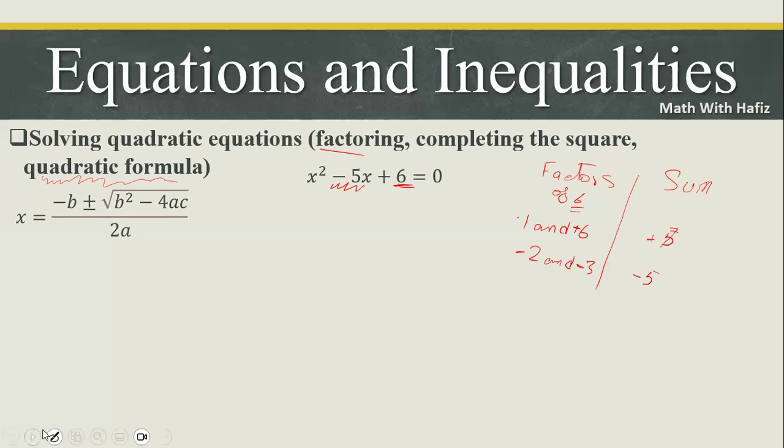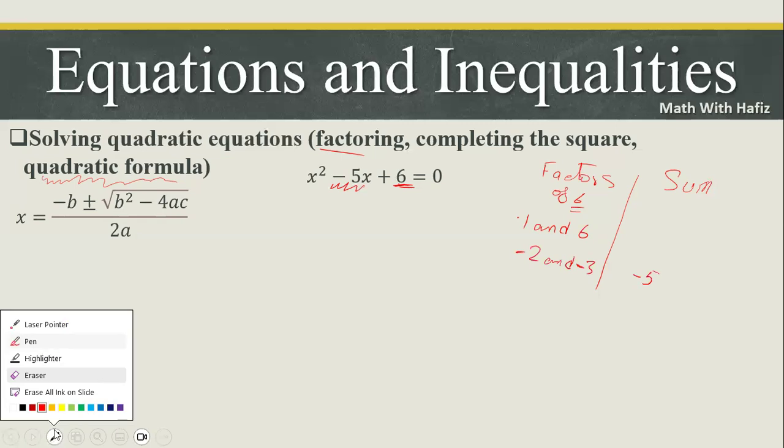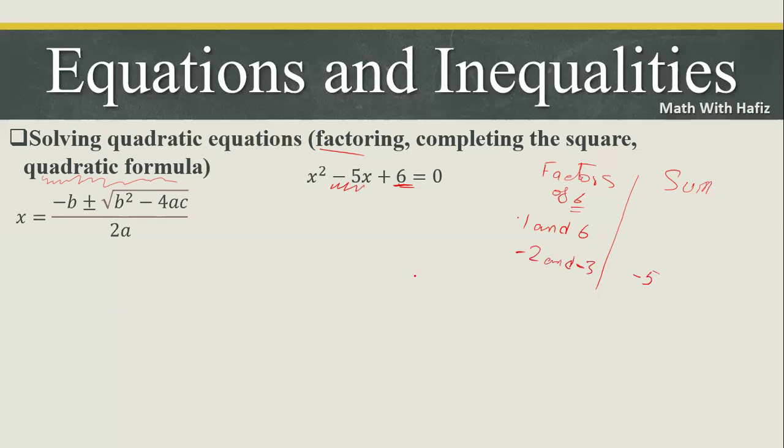Actually, we cannot use -6. The reason we cannot use -6 is because in the factors we need a positive value only. So the factors are -2 and -3, and their sum is -5. The sum was 7 here. We don't need to do any further stuff.